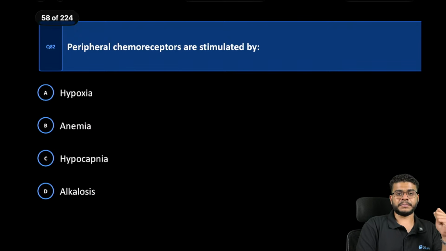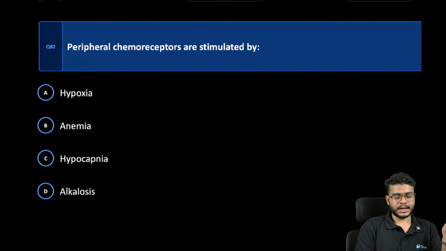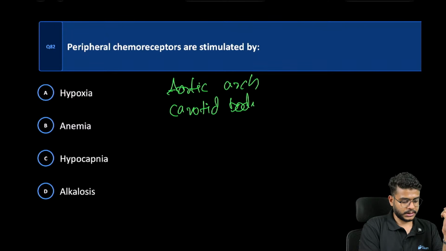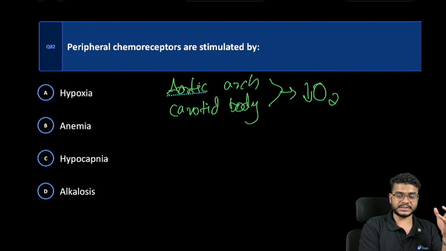peripheral chemoreceptors. Again, the peripheral chemoreceptors, which are present at the aortic arch and carotid body, okay, are stimulated mainly by lack of oxygen.